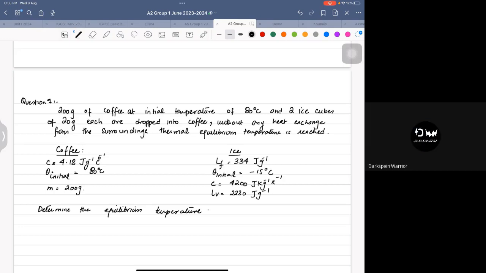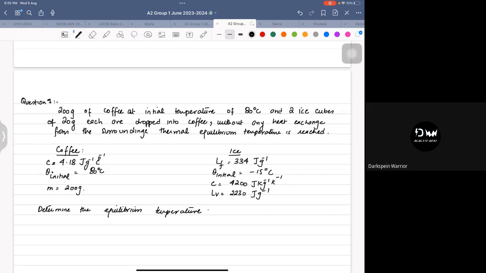Think about it. Yeah, I have one question. Yeah, judging from IGCSE experience, we can say that the heat energy absorbed by the ice is equal to the heat loss by the coffee, right? That is correct, 100%. So the coffee will have a temperature decrease and ice a temperature increase. Yes.